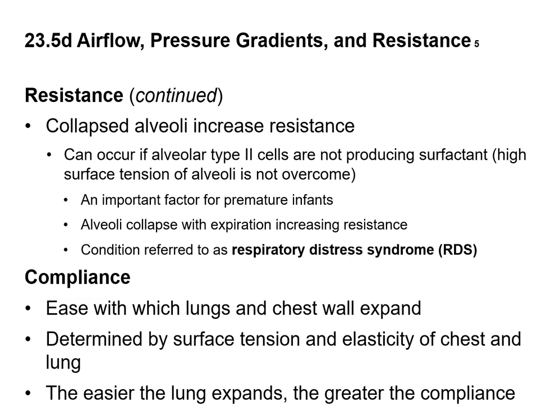If they are fibrotic, right? If the chest wall is damaged, if there's some type of disease like costochondritis or something which affects the compliance of the lung and the chest wall, then the flow of air is going to be decreased, right? So you're going to have increased resistance, right?